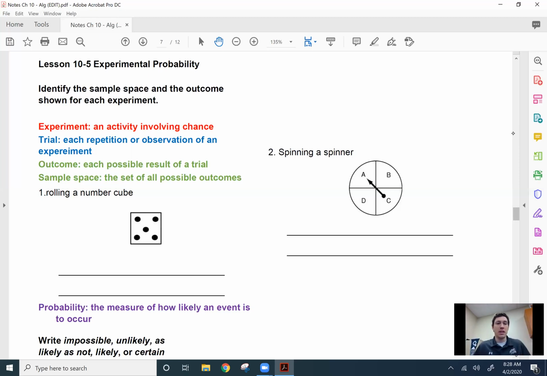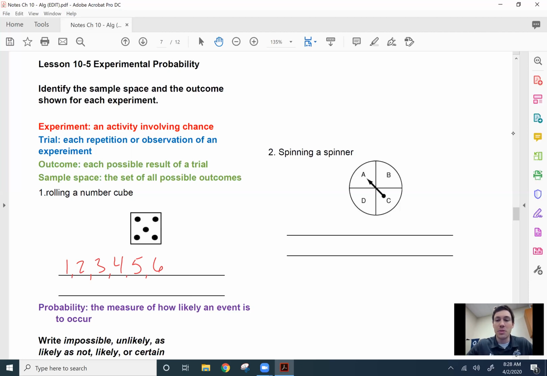So on these, we're going to talk about what the sample space and probability are. Rolling a number cube, the sample space is 1, 2, 3, 4, 5, or 6. Those are all my possibilities.